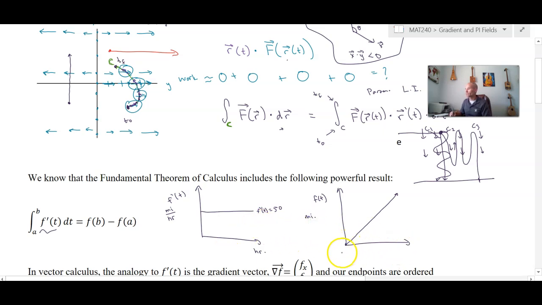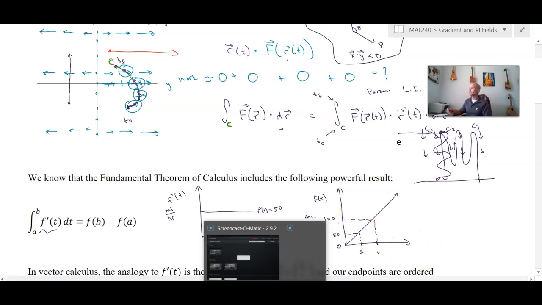For this particular case, it started at a position of 0, and then every 1 hour, we know that this displacement here should be 50 miles. And at time 2 hours, the displacement would be 100 miles.